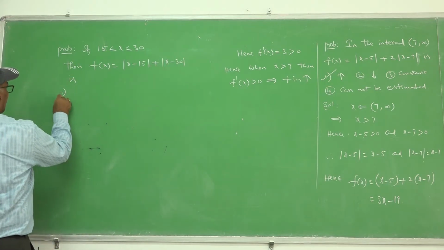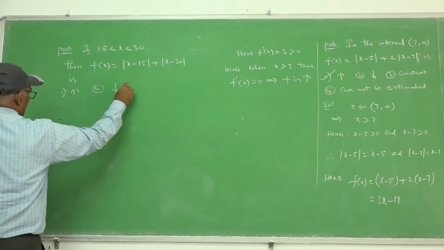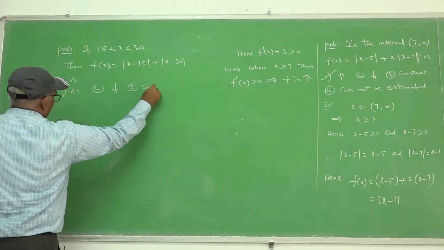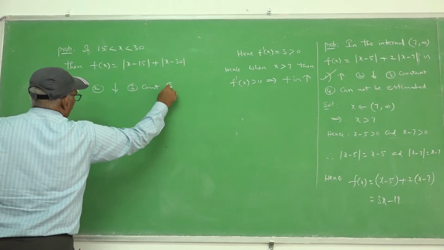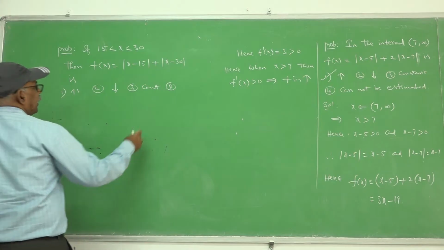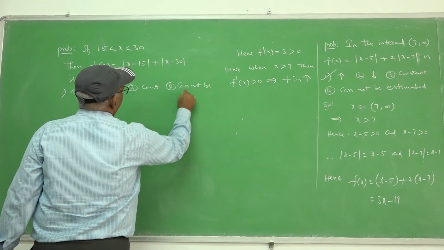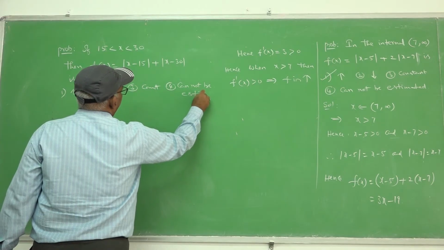The options are increasing, decreasing, constant, and the fourth one is cannot be estimated.